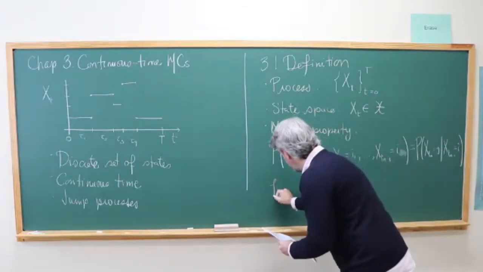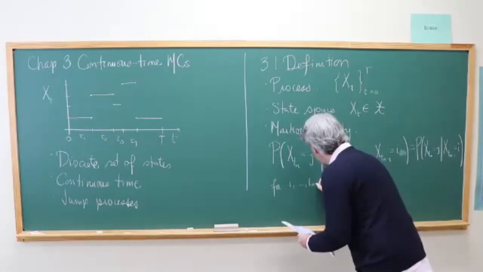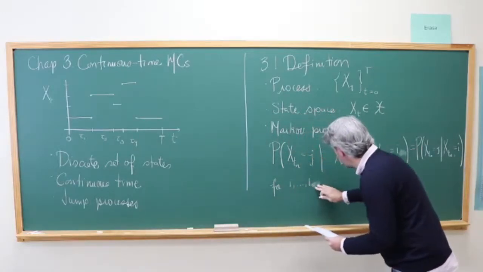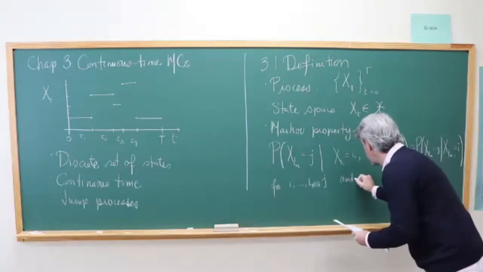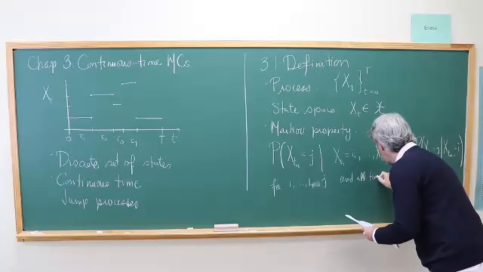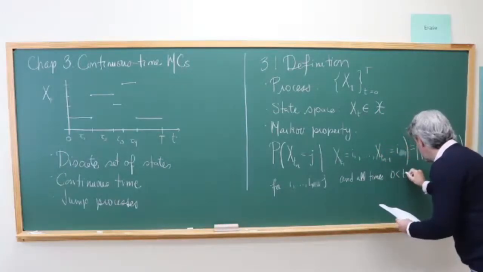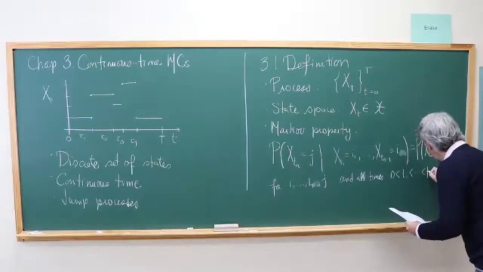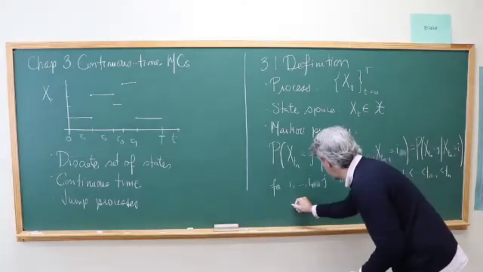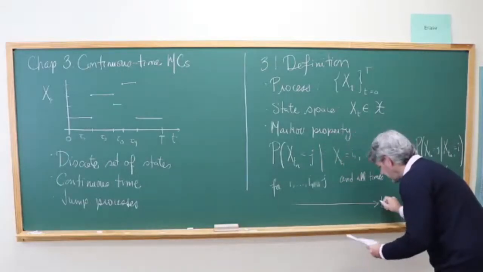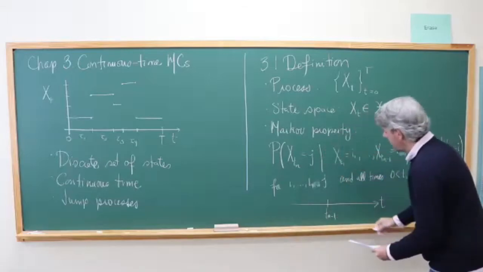So if this is true for all i(n minus 1), through i1, and then the j, and all times, where you have 0, you have the T1 here, Tn minus 1, and then the Tn. So what we have here is, if you look at time, I have the Tn minus 1, that's the present.